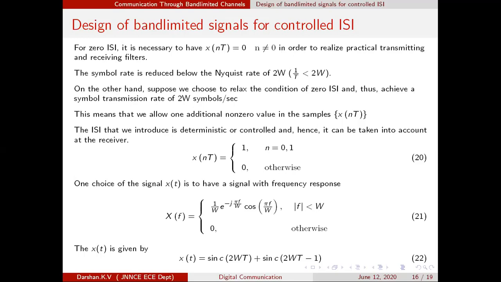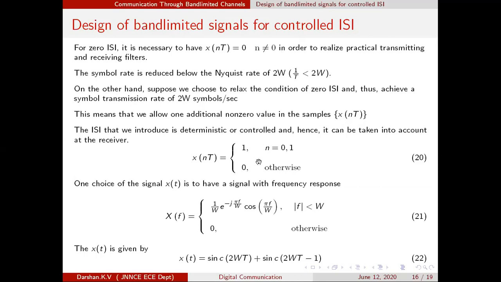That is the meaning of controlled ISI that has been written: we allow one additional non-zero value in the samples x of nT. What does this sentence mean? Controlled ISI in the sense, what exactly it means? We are going to add one ISI component. That is the meaning.